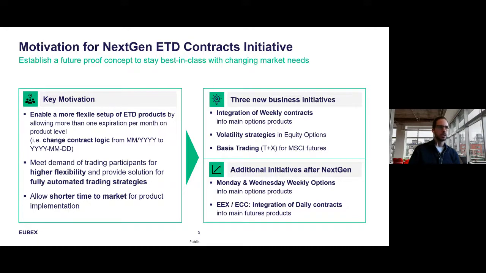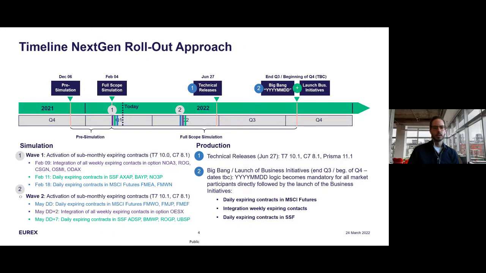With that, I would come to the next slide to give you an overview on the timeline. Going from left to right in the timeline, as you can see, we're already in the simulation period now. We have the technical changes fully up and running and have also various products or contracts available that reflect the new initiatives.